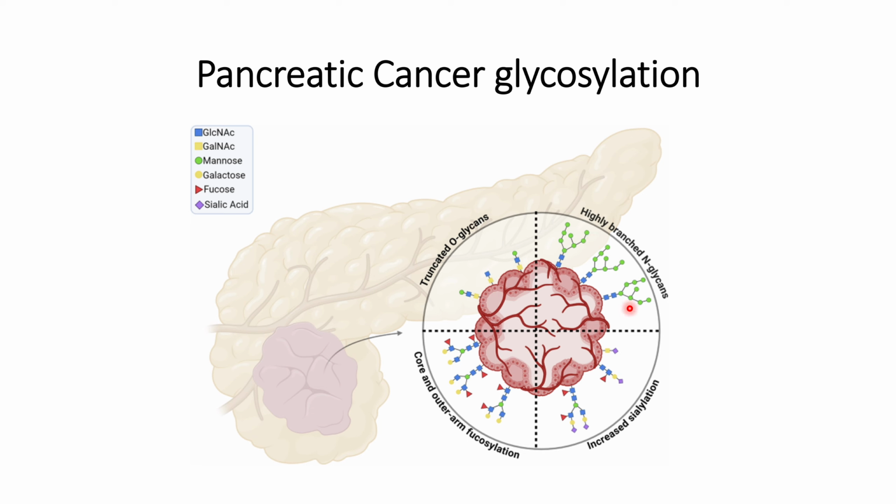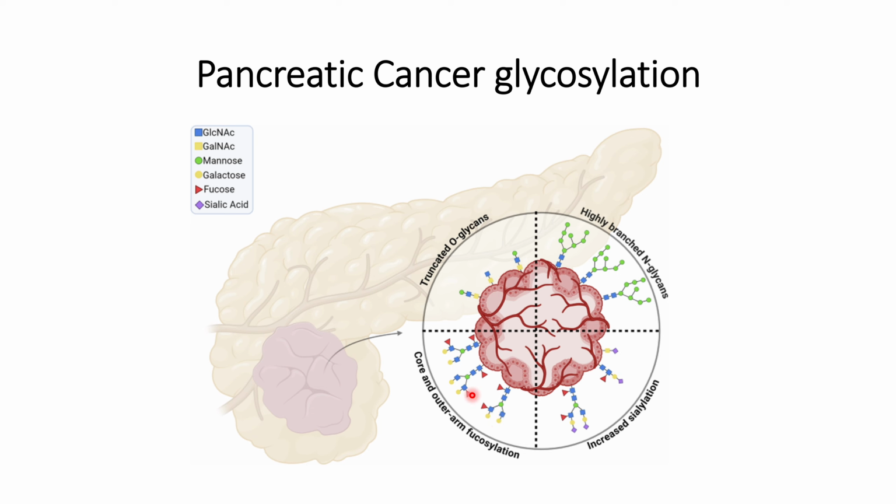Usually in mammalian cells we observe complex N glycans, but in pancreatic cancer patients, doctors and researchers have observed highly branched N glycans, and also increased sialylation and core and outer arm fucosylation. Usually the fucosylation is at the starting of these carbohydrate structures, but researchers have seen it at the outer arm also.